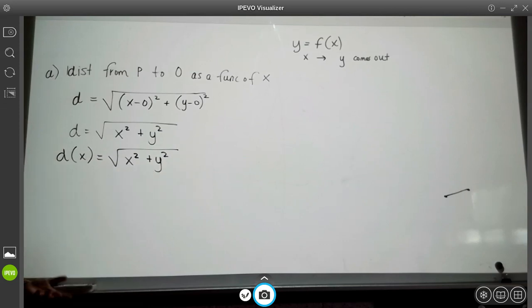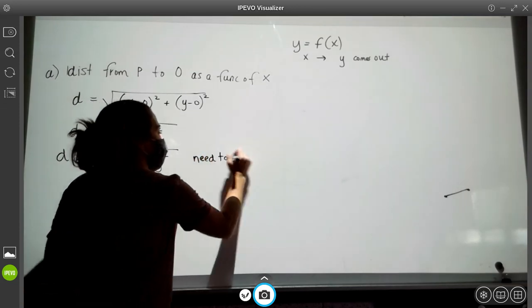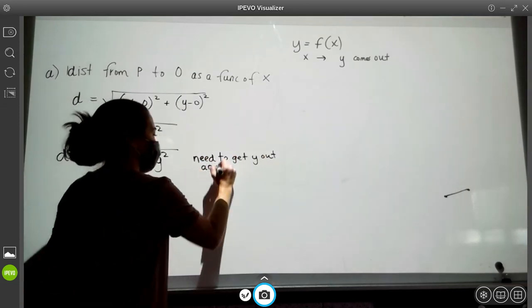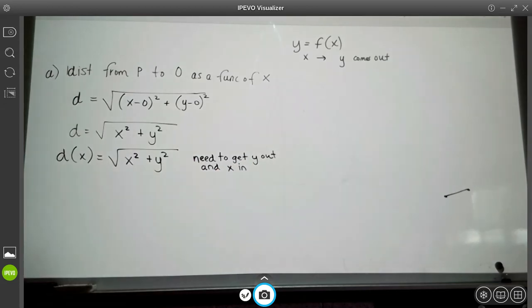So that means this y can't be there. We have to get this y value out of the problem and something in terms of x into the problem. This is where I said you need a relationship between x and y.